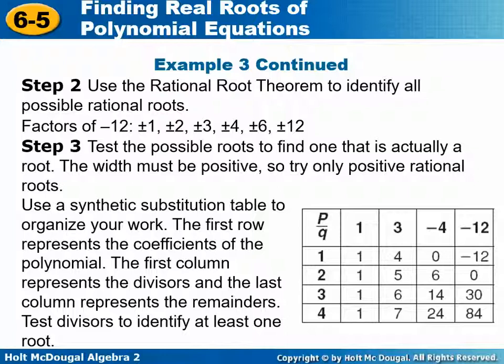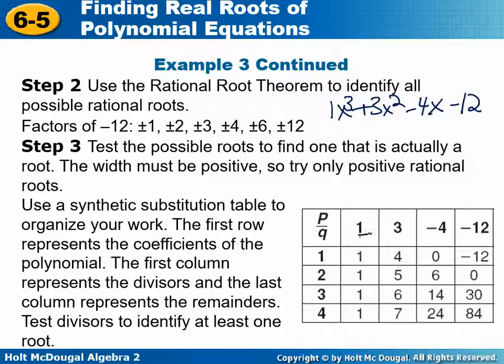Now, you can use synthetic substitution to test, or you can use long division. They're representing using a table. And here's how you'd use the table. The first row represents the coefficients of the polynomial. So our polynomial was 1x cubed plus 3x squared minus 4x minus 12. That was what we started with.